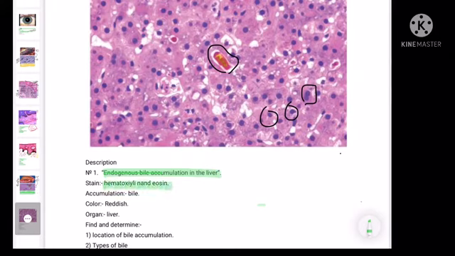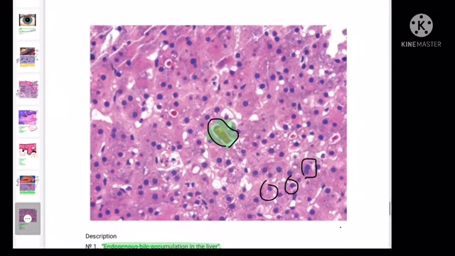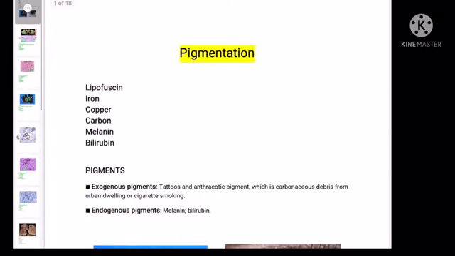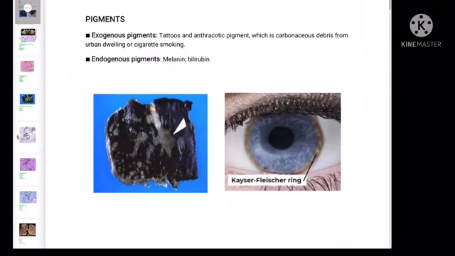Stain is hematoxylin and eosin. Accumulation is bile, color is reddish, organ is liver. Location of bile accumulation: biliary canaliculi. There are two types of bile: conjugated and unconjugated, or we can say direct and indirect bile. So this was something about the pigmentation and accumulation of different sorts of pigments in different organs.